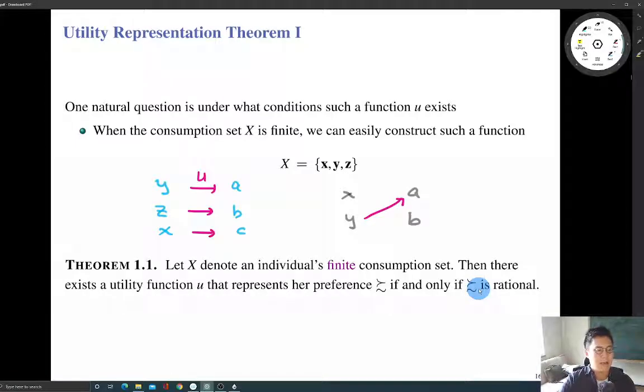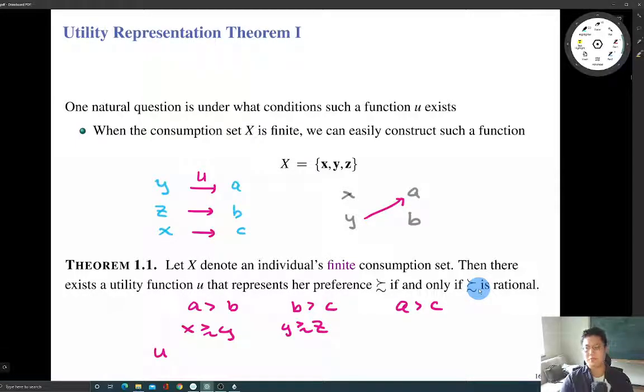So if A is larger than B and B is larger than C in the real number system, automatically A is larger than C. So if the consumer prefers X to Y and Y to Z, and if we have a utility function U representing this preference relation, then U of X must be larger than U of Y, and U of Y in turn larger than U of Z, and these are real numbers, so U of X must be larger than U of Z, yeah?